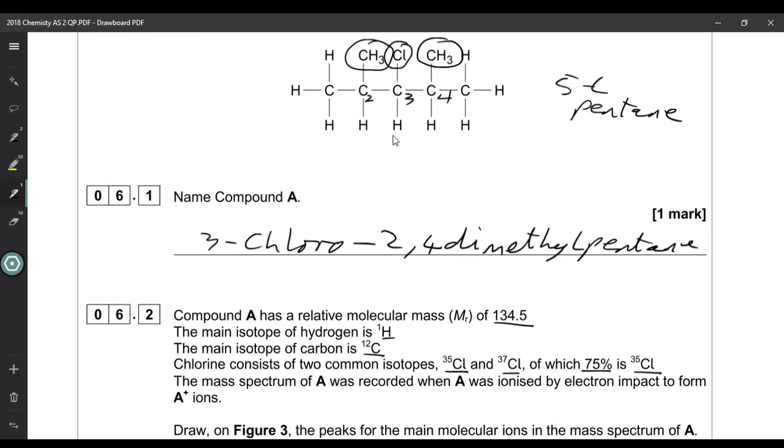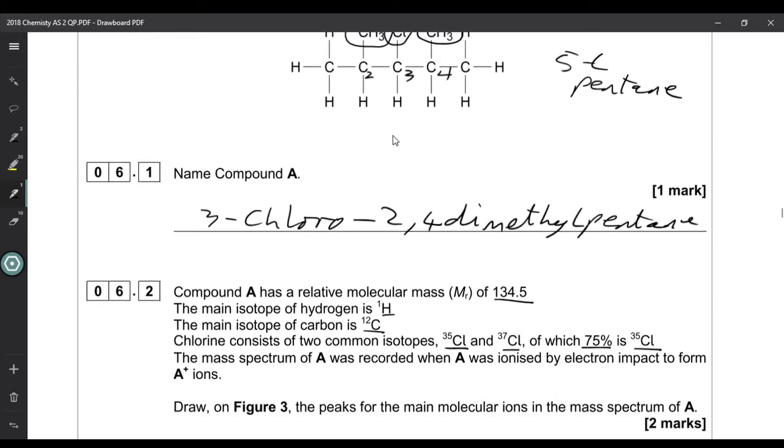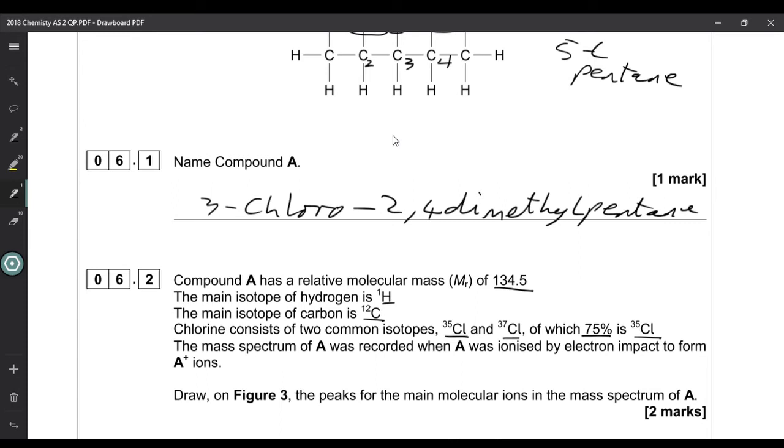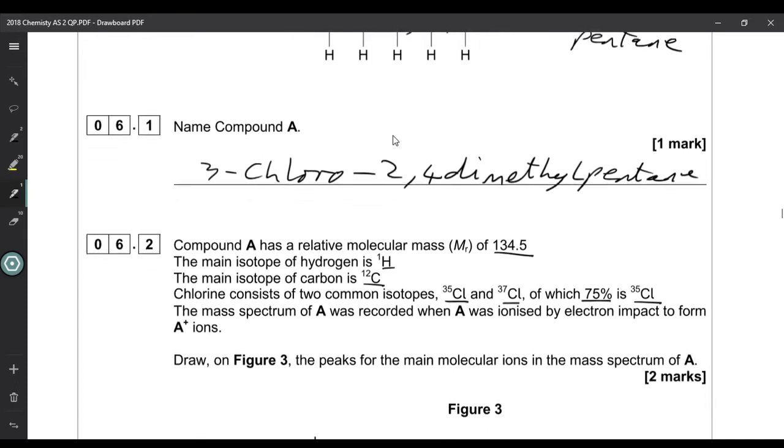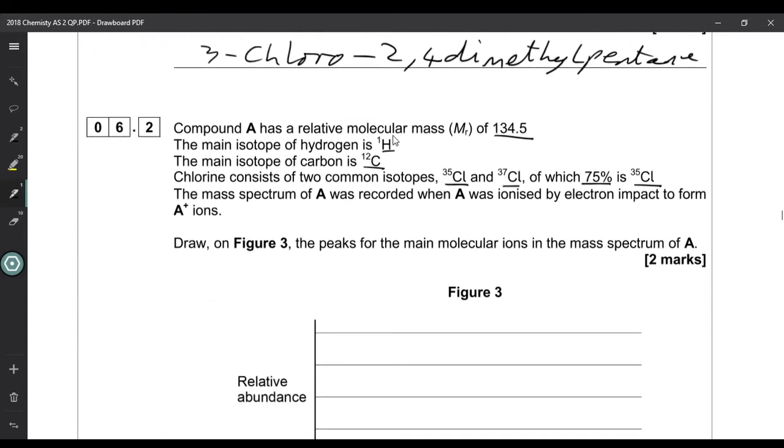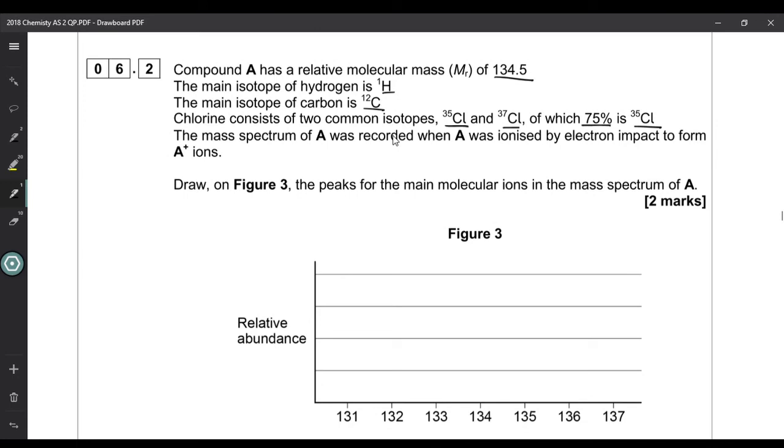Some of this structure is going to be with Cl35, so with the number that we've just got by adding all the carbons and hydrogens, we can add 35, and that gives us 134. So we know that we're going to have a peak here. And if instead of adding 35 we added 37 from the other chlorine isotope, that gives us 136. So we know that we're going to have two peaks, one at 134 and one at 136.